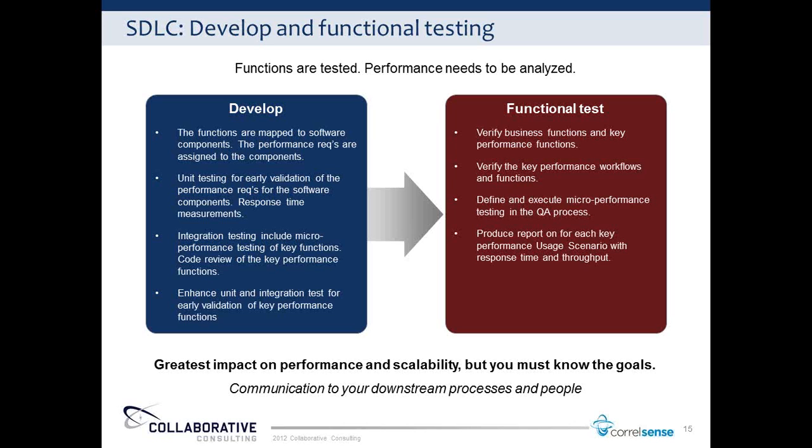Are there unit tests that can be integrated into the development process to show early performance? Have they built for response time to be measured inside their objects or their components? Is there logging that should be implemented in order to help measure performance?